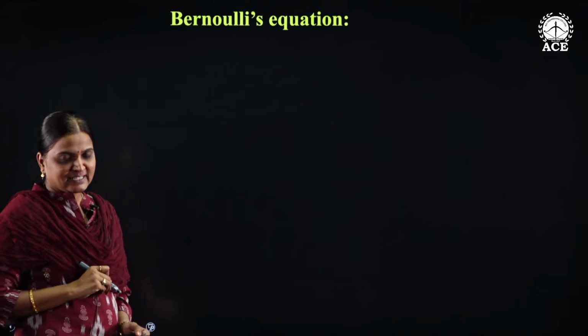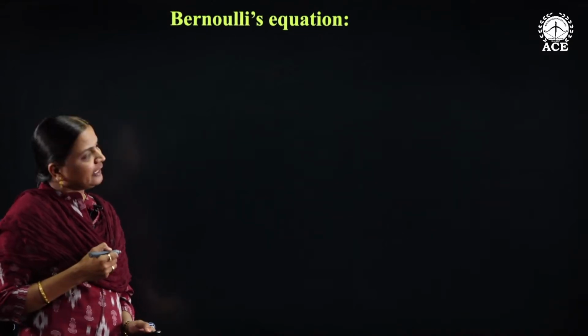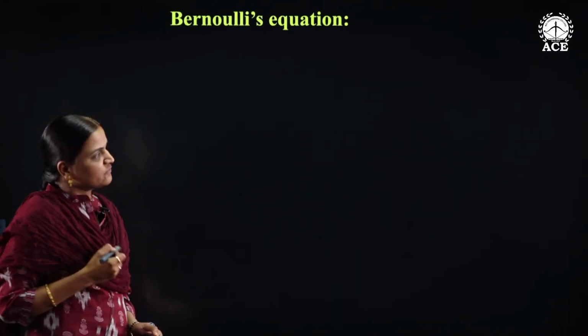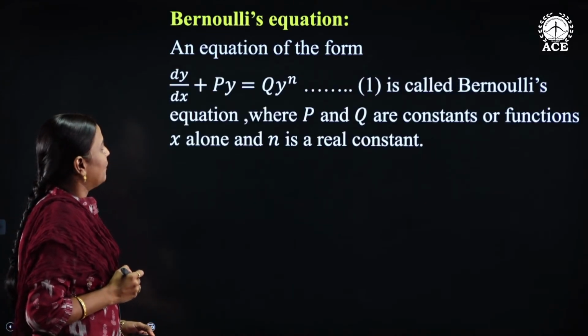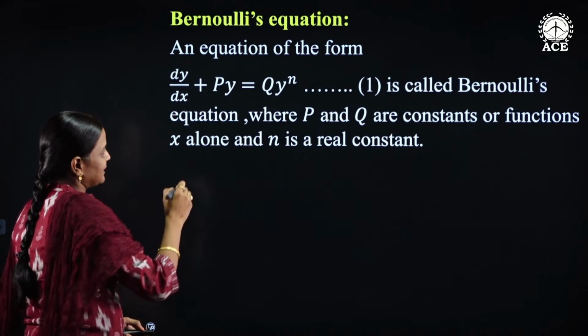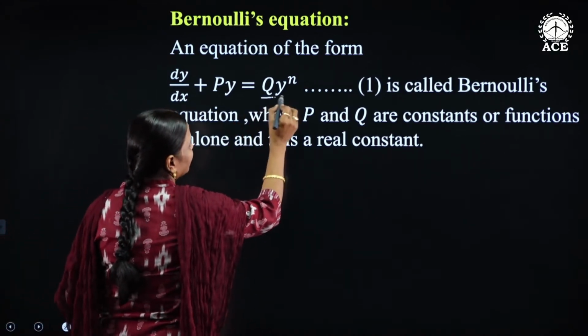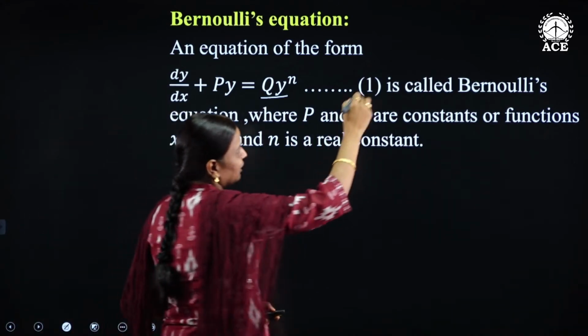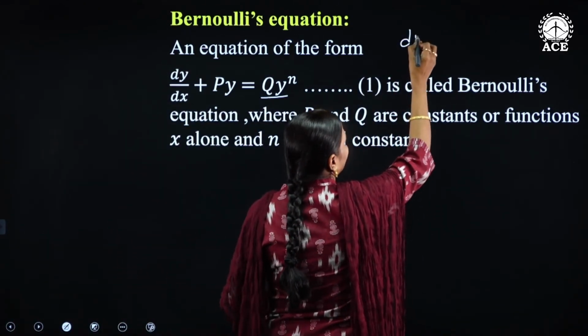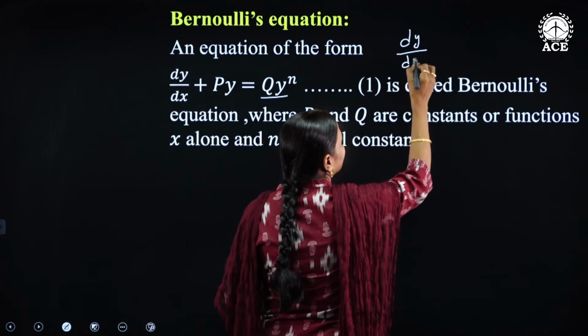And Bernoulli's equation. All these three forms are related. What is Bernoulli's equation? An equation of the form dy by dx plus py is equal to q into y to the power n. Again compare the given differential equation with linear in y. What is the standard form of a linear differential equation?